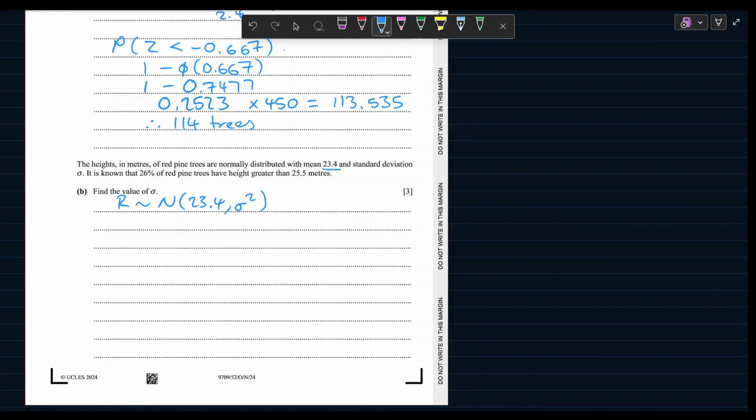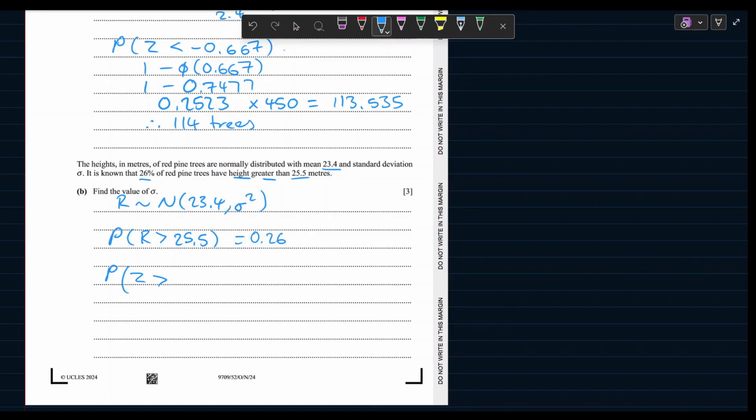Okay, it is known that 26% of red pine trees have height, so the probability that R is greater than 25.5 is equal to 26%, so 0.26. So let's standardize.